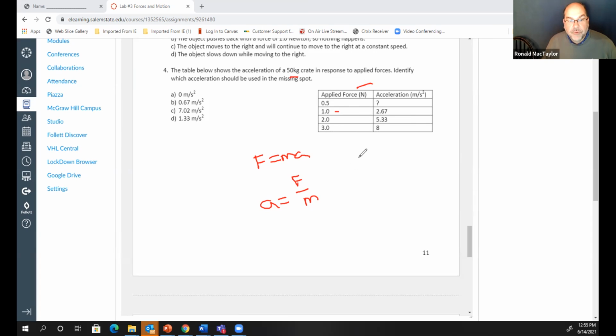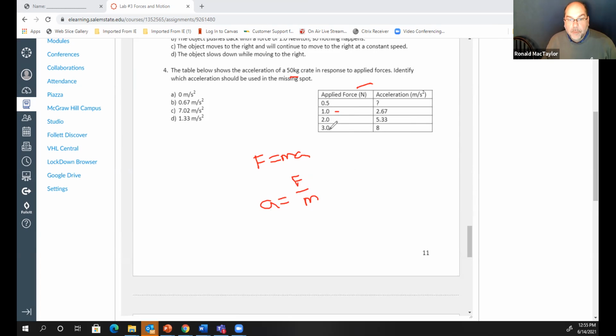So if we want to figure out what the total force is, how much more acceleration this applied force adds, we need to figure out the baseline amount of force.